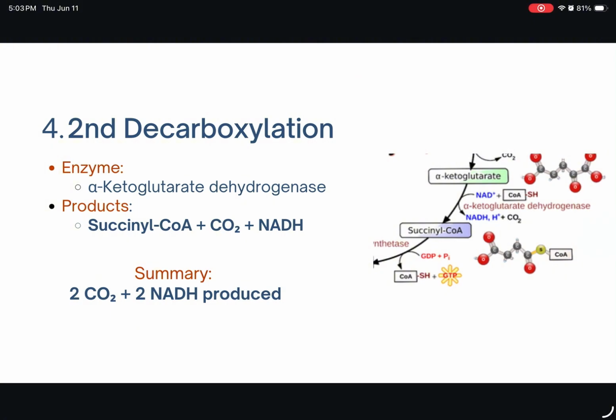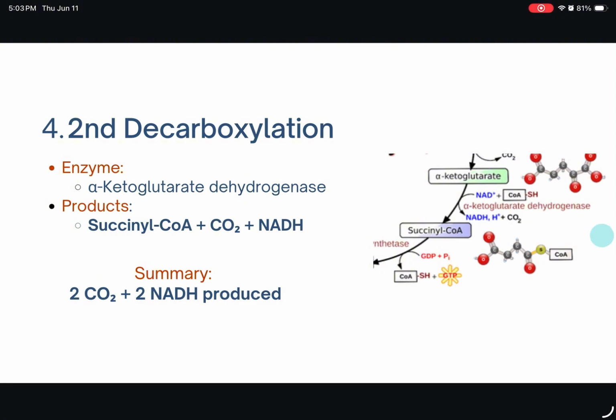alpha-ketoglutarate. And the fourth step is the second oxidative decarboxylation, wherein alpha-ketoglutarate undergoes another change. It is helped by the alpha-ketoglutarate dehydrogenase complex, wherein it loses a second carbon as carbon dioxide and produces another NADH.